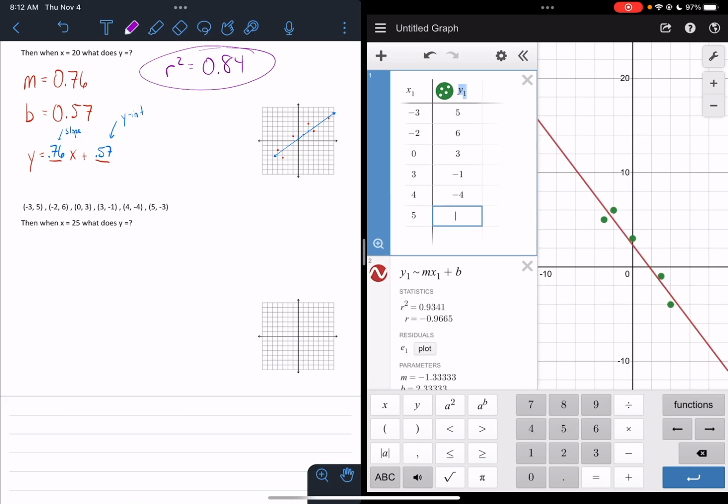And 5, -3. And again, just by looking at the graph right now, I should be able to see that that's a negative correlation.